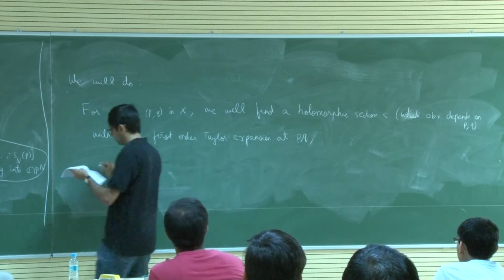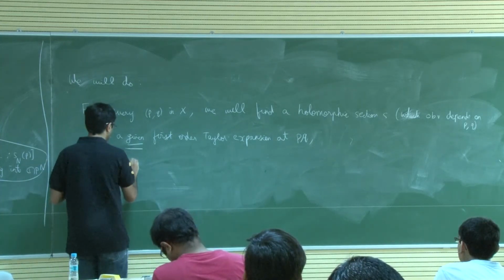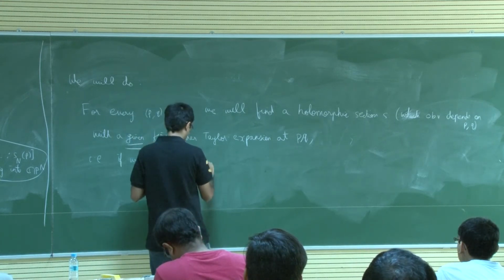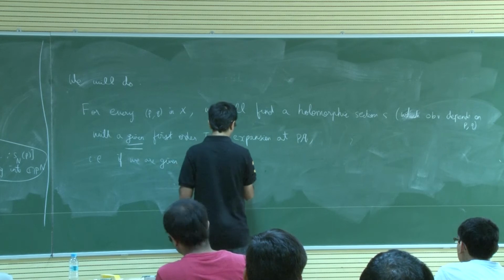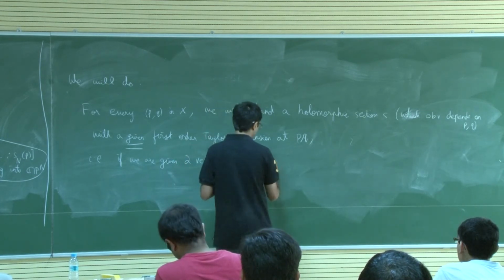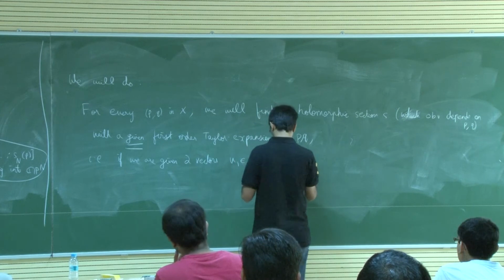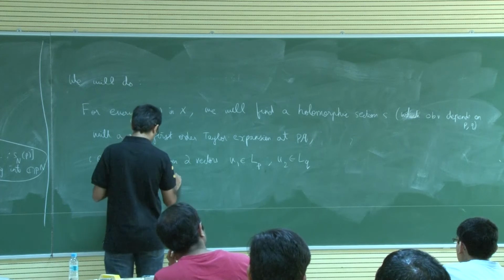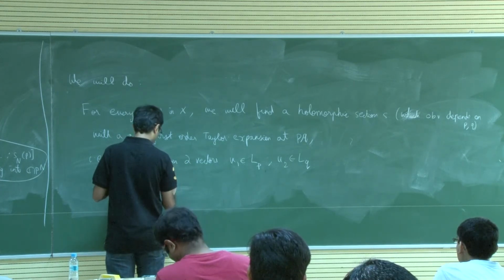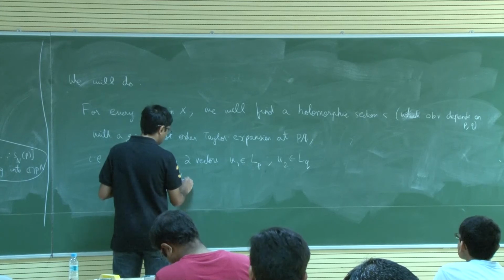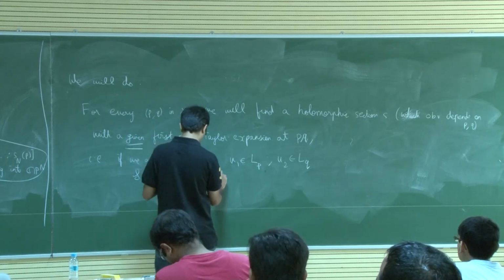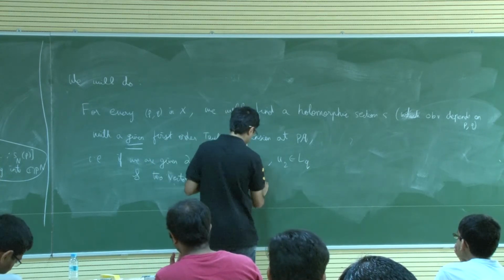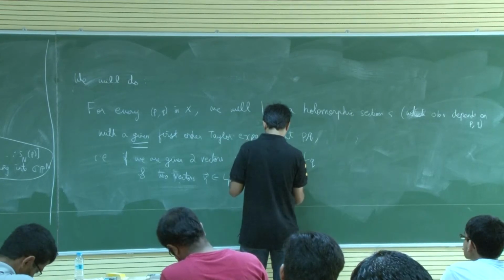That is, if we are given two vectors, u1 belonging to the fiber at P, u2 belonging to the fiber at Q, and two other vectors, v1 belonging to this and v2 belonging to this.